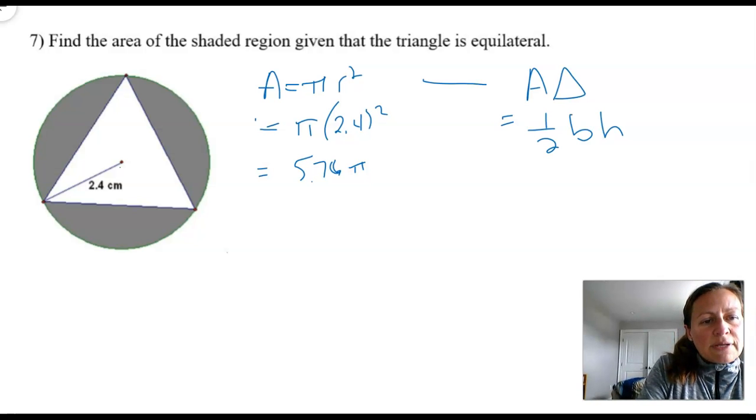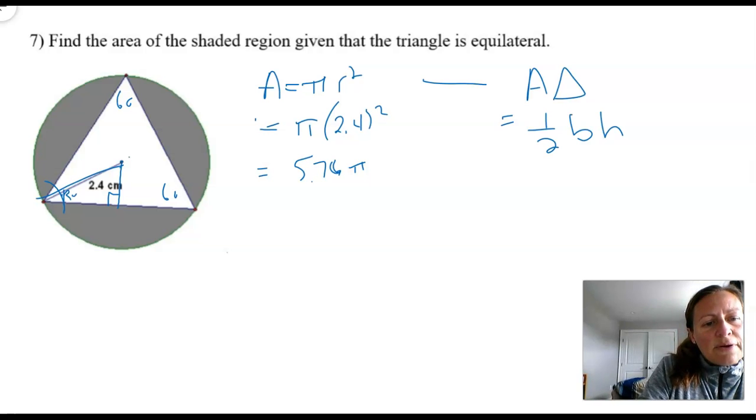So I'm going to drop a little segment down here that would be perpendicular to the bottom of that triangle. And then I'm going to recognize that since it's equilateral, all of the angles are 60, including this one. And when I cut it in half with this segment, it's all symmetrical, right? That's 30.